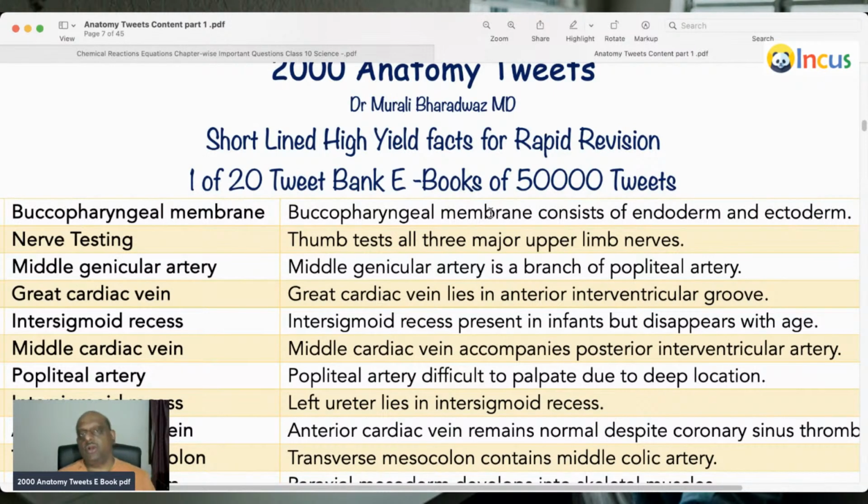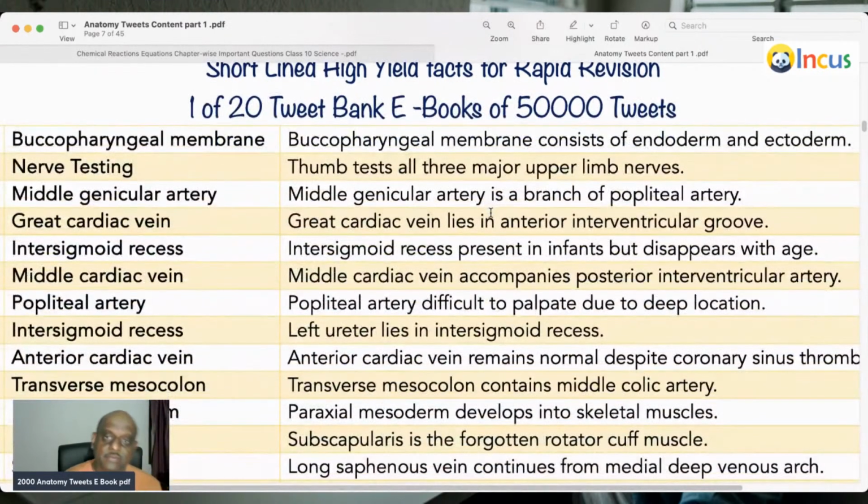In the knee joint, you have genicular arteries. In that, the middle genicular artery is the branch of the popliteal artery. Where is the great cardiac vein, doctor? In the anterior interventricular groove, where the left anterior descending artery is passing. Great cardiac vein also will be passing side by side, is what you need to remember. Intersigmoid sinus recess.